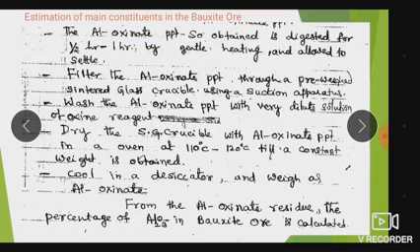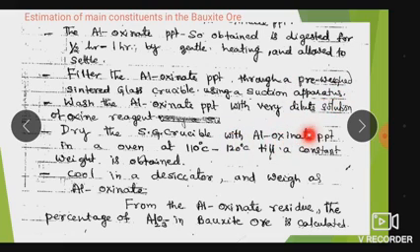After getting this precipitate, the aluminum oxinate precipitate so obtained is digested for half an hour by gentle heating and allowed to settle. Filter the aluminum oxinate precipitate through a pre-weighed sintered glass crucible using a suction apparatus.